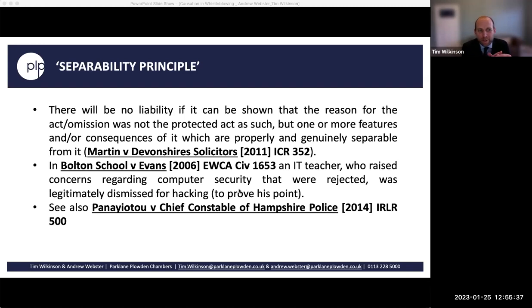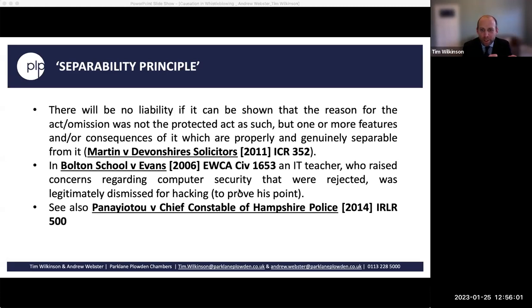Now, in terms of Martin and Devonshire, one of the things that the EAT mentioned is there's a phrase, "wholly unreasonable acts." And it said, an employer relying upon simply ordinary unreasonable behaviour should be treated as objecting to the complaint itself, and tribunals should be slow to make a distinction.